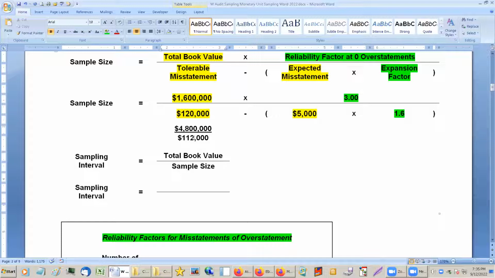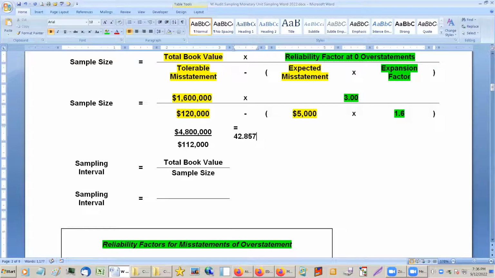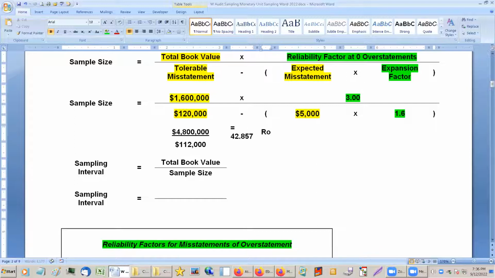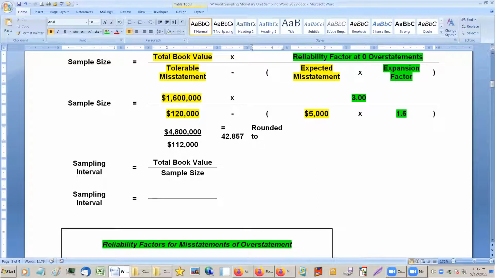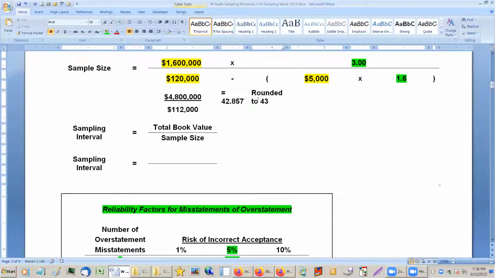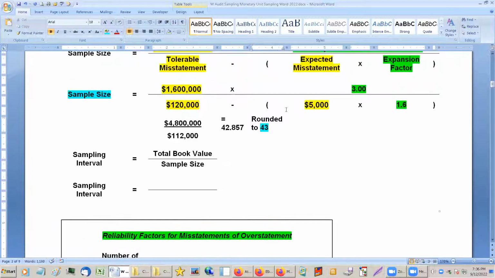So we're going to round that to 43. So our sample size will be 43.